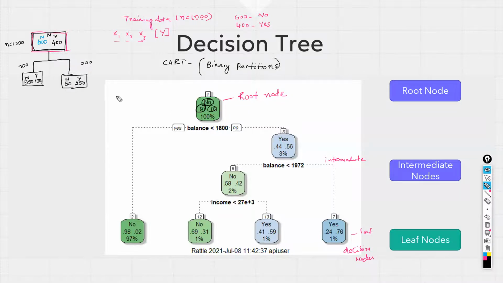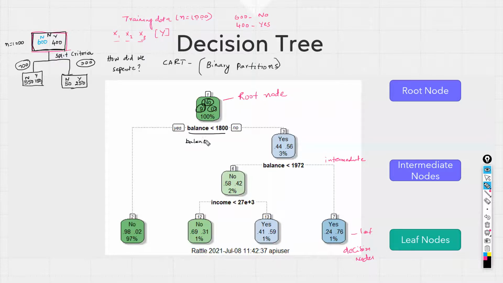Now you might be asking this question. How did we separate these observations? How did we get 700 observations here and how did we get 300 observations here? So here we apply something called a split criteria.